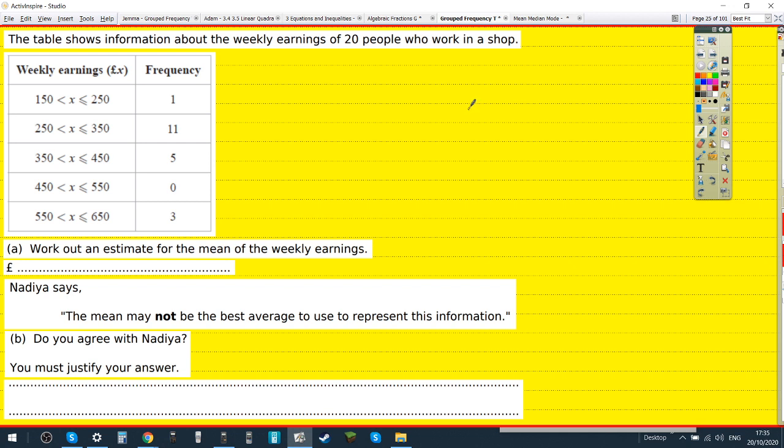Work out an estimate for the mean. Do you have to find the midpoint? Yep.